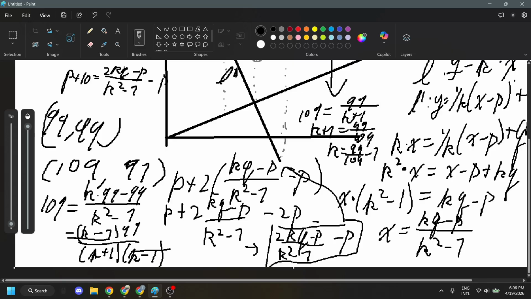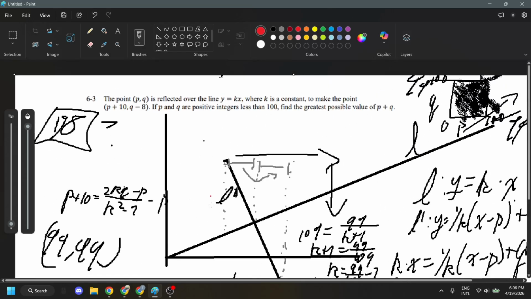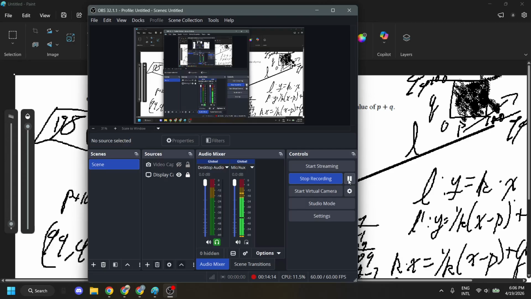No, this is the, shoot, this is the intersection form. I'm not really sure. I think, I don't know. I'm gonna go check. I think it's 198. I'll check. I don't know what I was on.